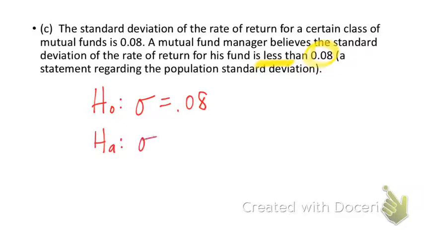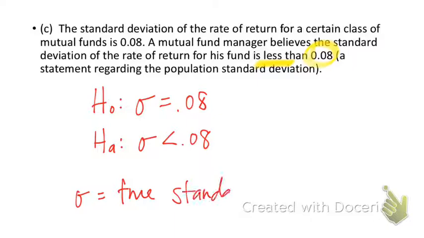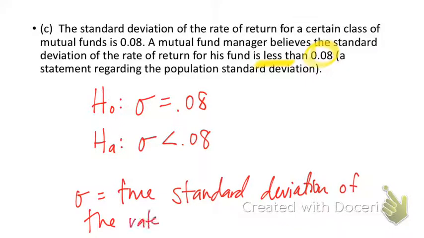Sigma is less than 0.08. And sigma represents the true standard deviation of the rate of return for the mutual fund.